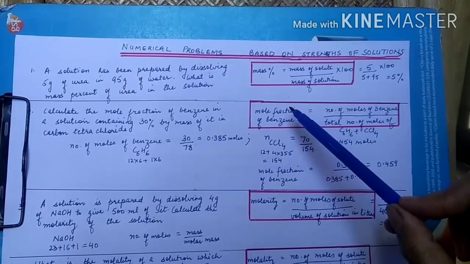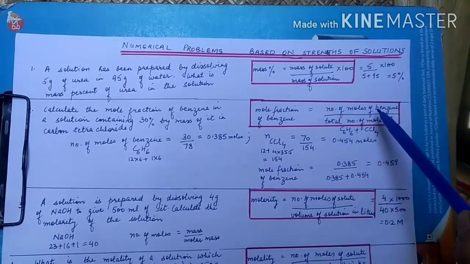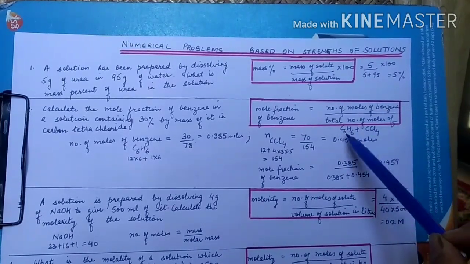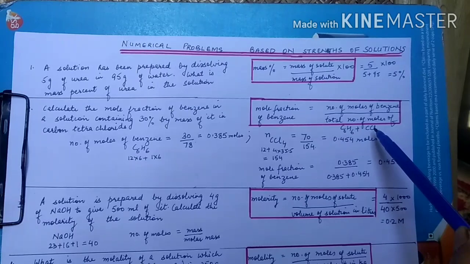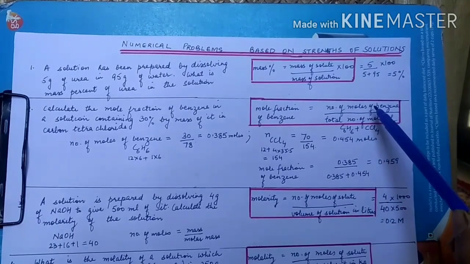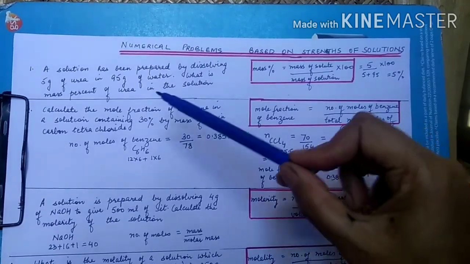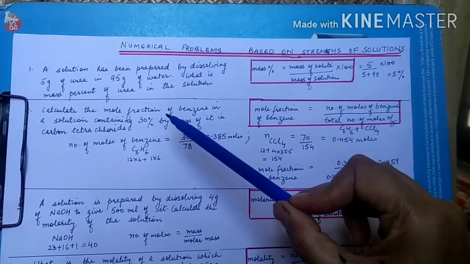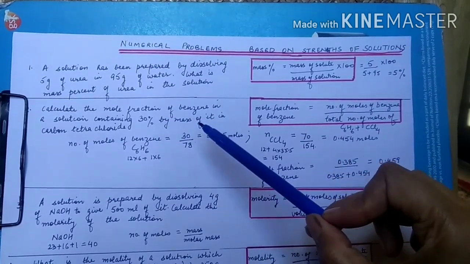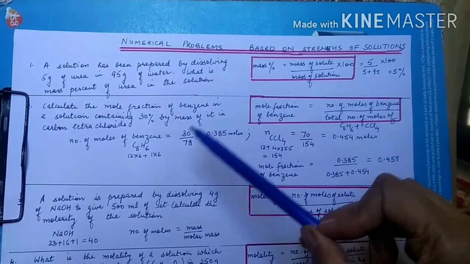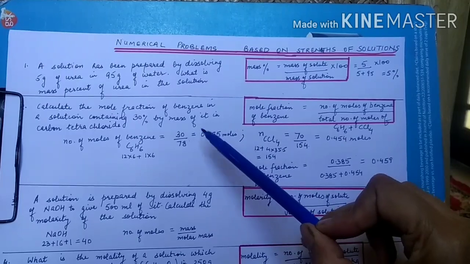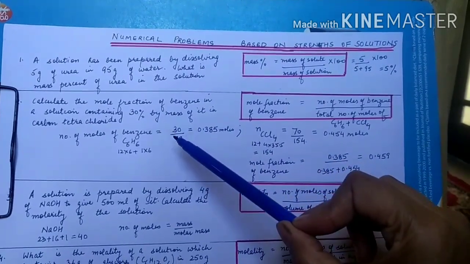So to calculate the mole fraction of benzene, we'll find the number of moles of benzene and divide it by the total number of moles of benzene and carbon tetrachloride. So let us calculate the number of moles of benzene first. Benzene, as you know, is 30%. That means 30 grams of benzene are dissolved in a total of 100 grams of benzene plus carbon tetrachloride. That means carbon tetrachloride will be 100 minus 30, that is 70.